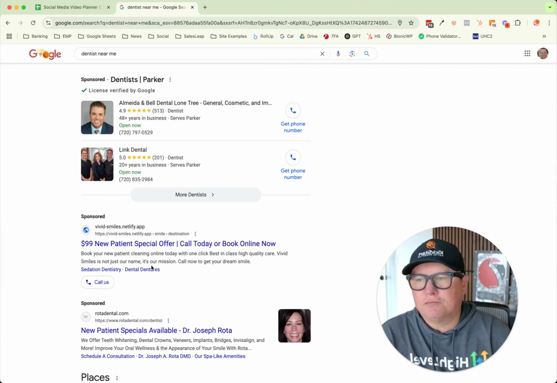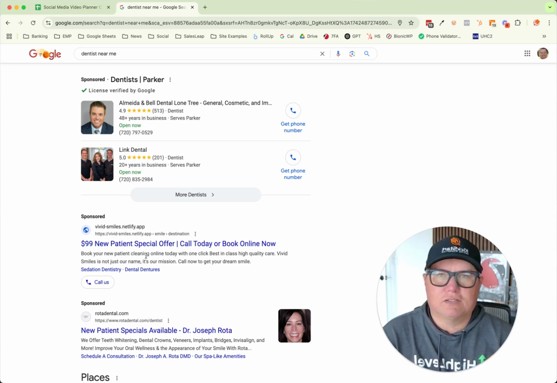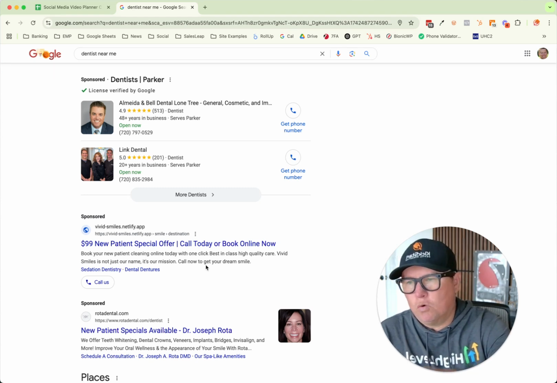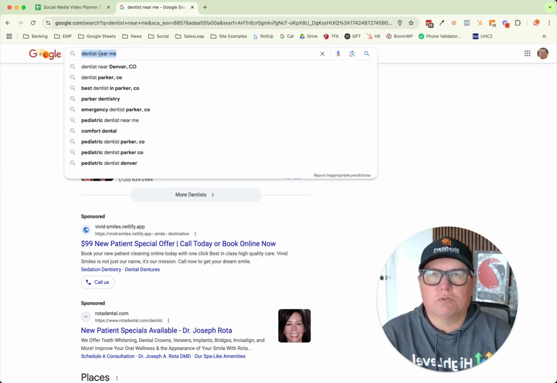The big reason for that is, for this search, for instance, if I refresh the page, you may not show up the next time because it's rotating ads based on a pretty complicated algorithm. The same way with sponsored ads, you won't always show up on the page. It depends on your budget, how much money you're willing to spend, things like that. So with that rotation going between both of them, it's good to be able to do both of these because you have a better chance to show up more for people when they search related keywords to your business.